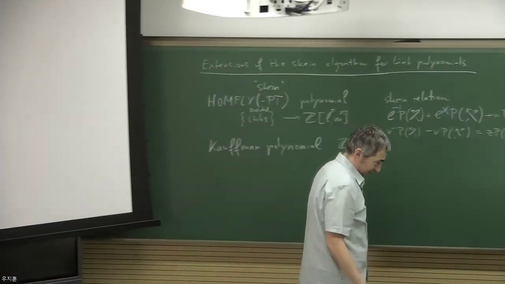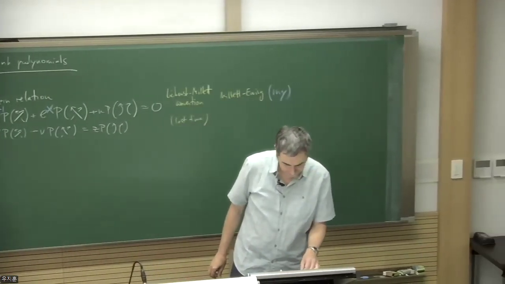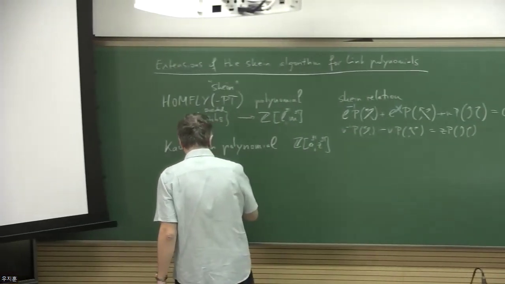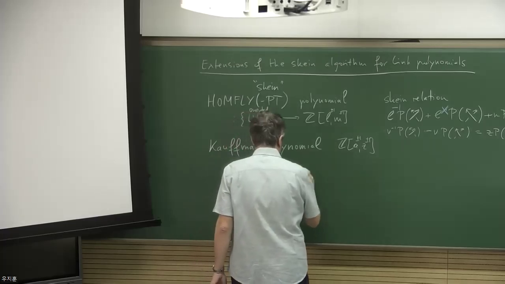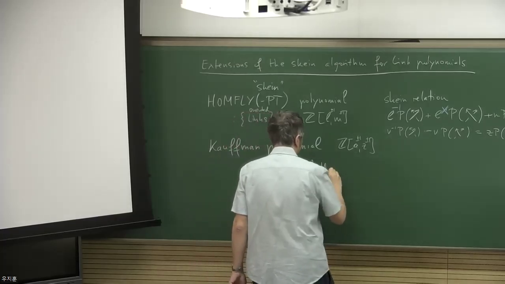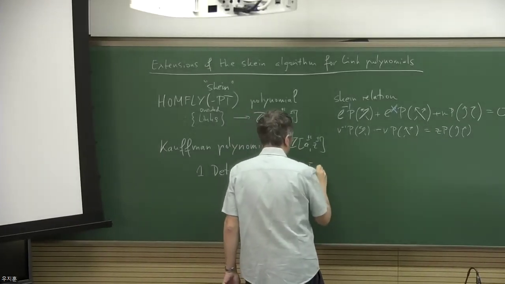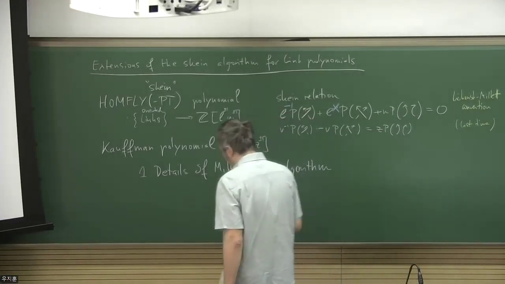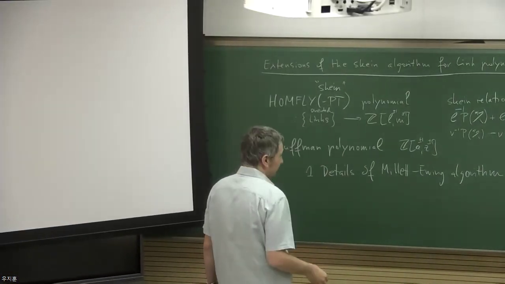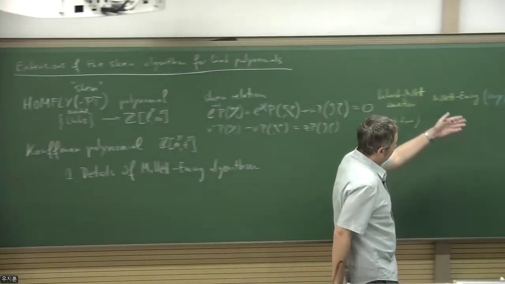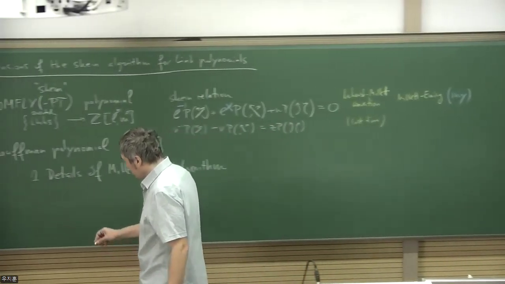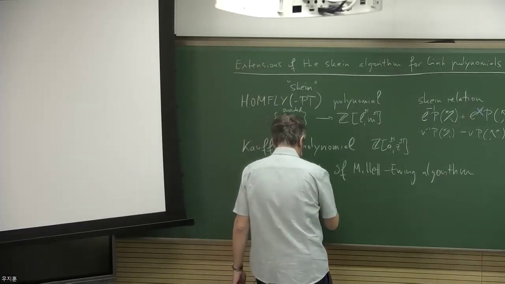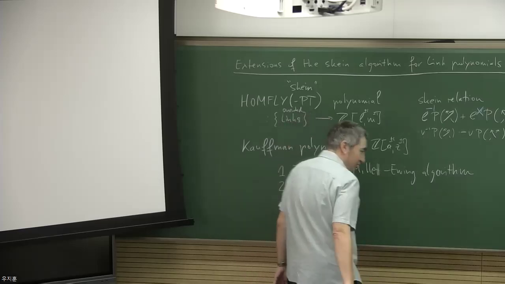And so here is the planned content. I will give some details of the Millett-Ewing algorithm, also emphasizing what I changed, how I made this a little bit differently. Then I will discuss, for most of the time, this ominous structure called the stack.